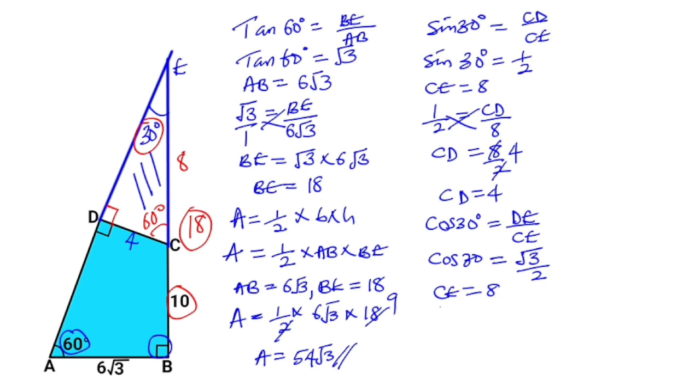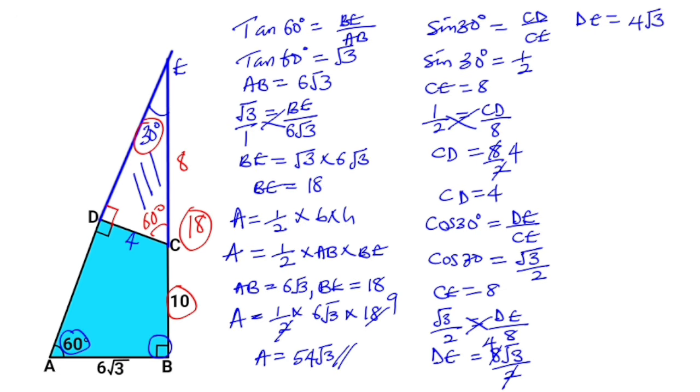Substituting these values in the above expression will give us the square root of 3 over 2 is equal to DE over 8. Cross multiplying gives us DE is equal to 8 square root of 3 over 2. 8 divided by 2 is 4. Therefore, DE is equal to 4 square root of 3.